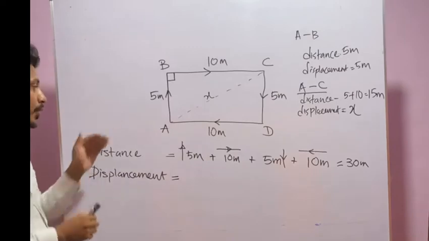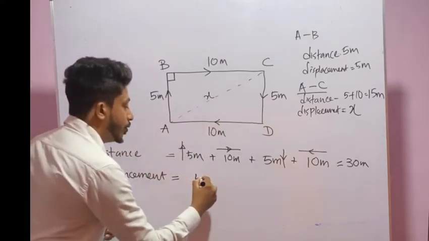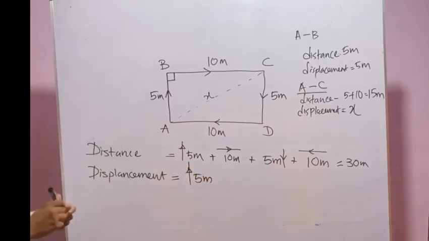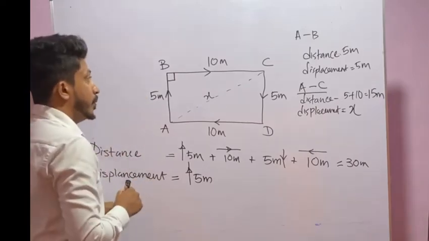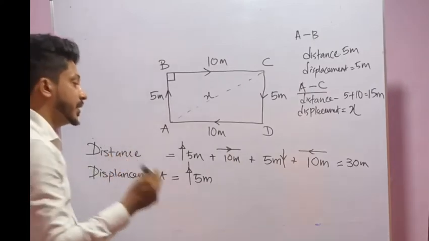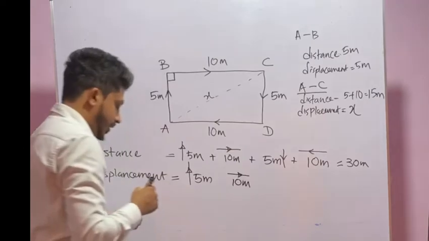Okay. From A to B part, what is the displacement? 5 meters upward direction. From A to B, upward 5. From B to C part, what is the displacement? It is 10 meters in this direction. Why?